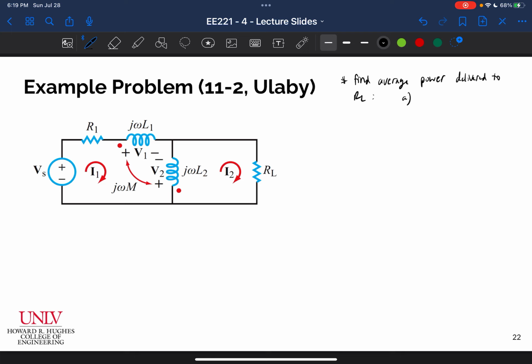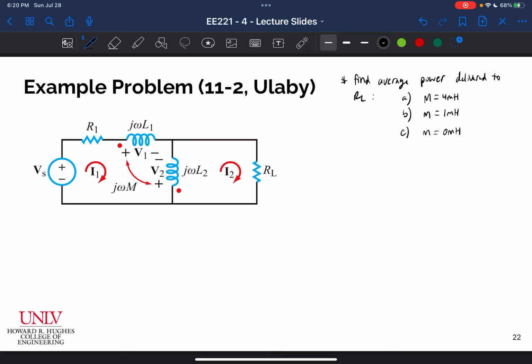For part A, let M equal 4 millihenries. For part B, let M equal 1 millihenry. And for part C, let M equal 0 millihenries, which basically means there's no coupling at all.